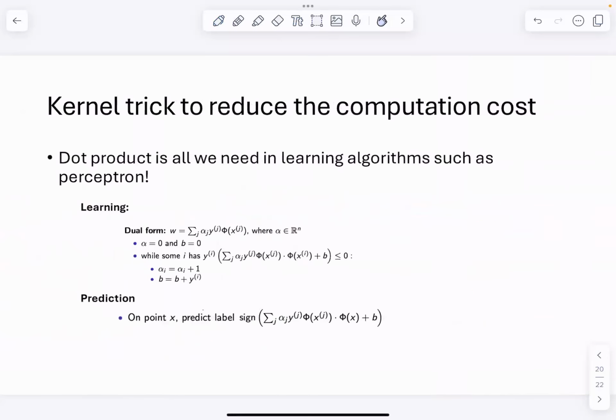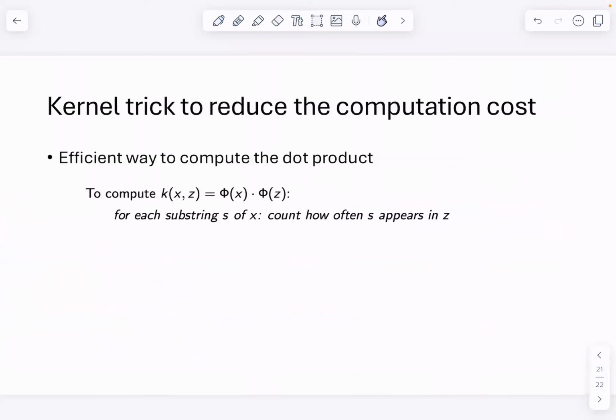Then here comes the kernel trick to reduce computation cost. Remember, there's one thing we can leverage here: everything we need in the learning algorithm, such as the perceptron, is a dot product. As we showed before, everything we need to compute is this feature vector times the weight vector, whether learning or predicting. Then we apply the kernel trick, and we can reduce computation cost by only computing the dot product.